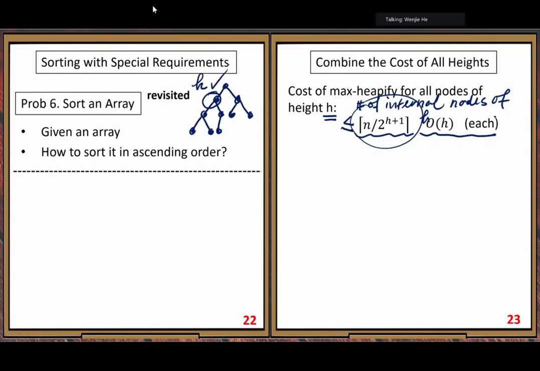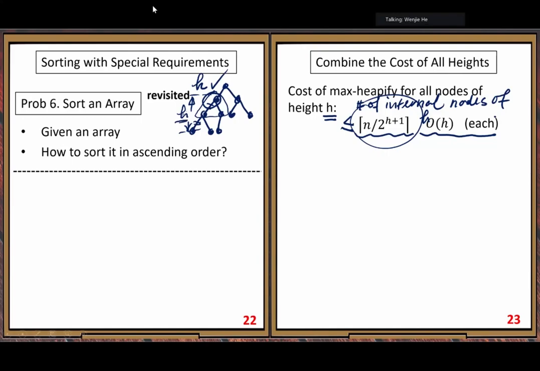So we need to run that max local heapify operation to fix it. And remember, number of edges is height, right? So when you run max local heapify operation on one local triangle, you move down one level, right? So you have a total of h edges, so you need to go at the most h steps.